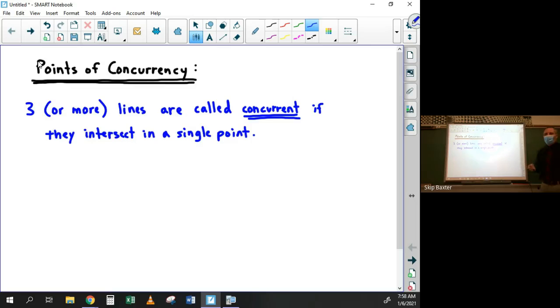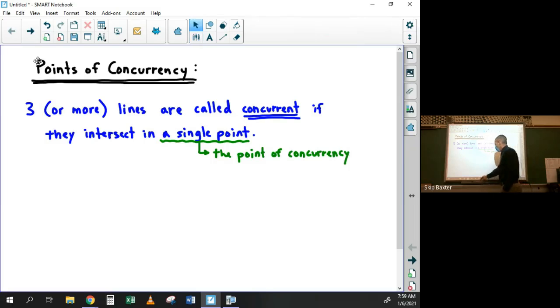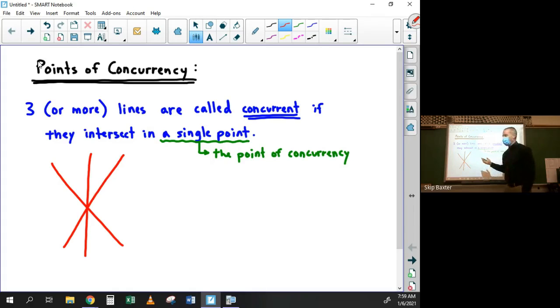It's 3 or more because if you have 2 lines, they always intersect in a single point if they intersect at all, right? But you could have 3 lines that intersect at different points, right? This single point where they intersect is called the point of concurrency. Okay, so if you have a line here, and a line there, and a line there, these would be concurrent lines, okay?